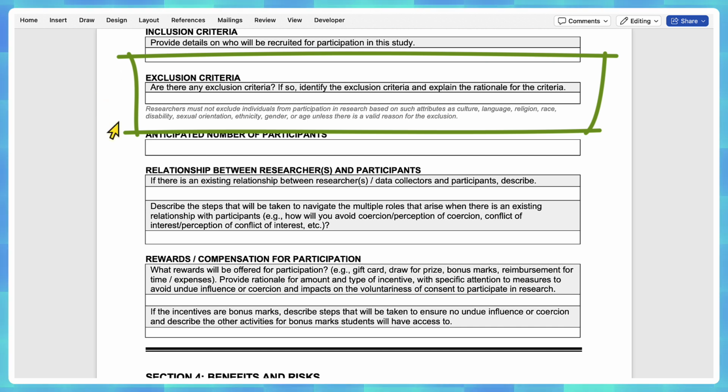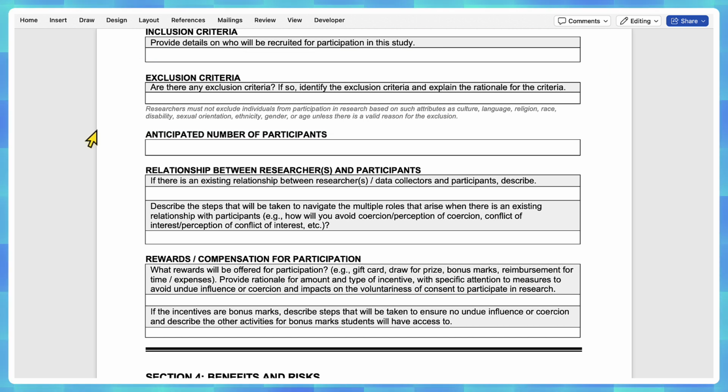So this is something that the Research Ethics Board looks at, and particularly in community-based research that has this broader application, we should really always be thinking about the broadest sort of inclusion in our study there.